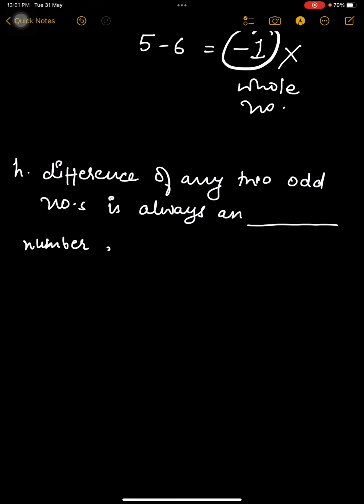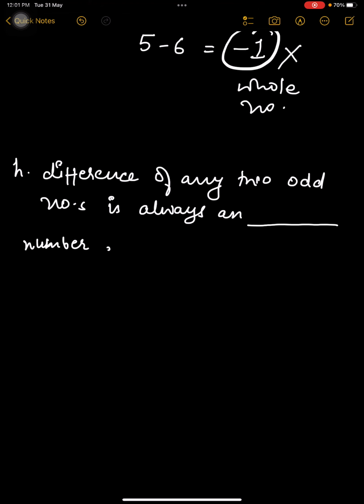Okay, so we need to tell what is the difference of two odd numbers. If I take any two odd numbers and take their difference, what kind of number will I receive as an answer?